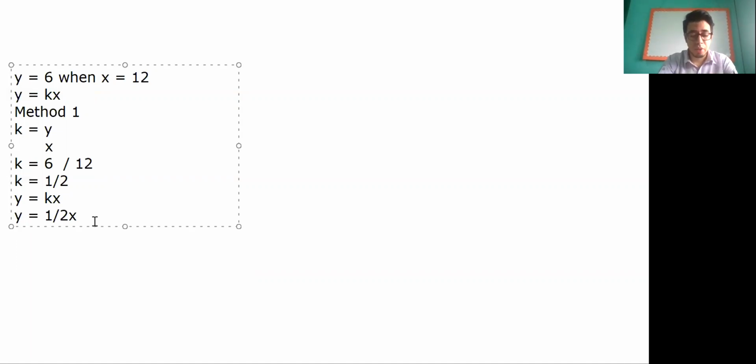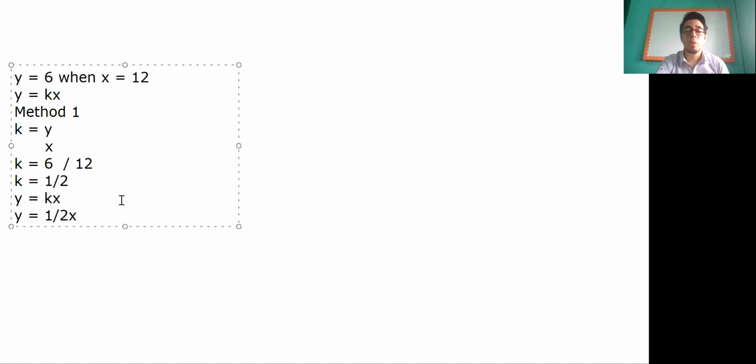And okay, you have this, and you need to try with more values. For example, when they say that x is equal to 27, you obtain the value of y, since you already have the value of k.